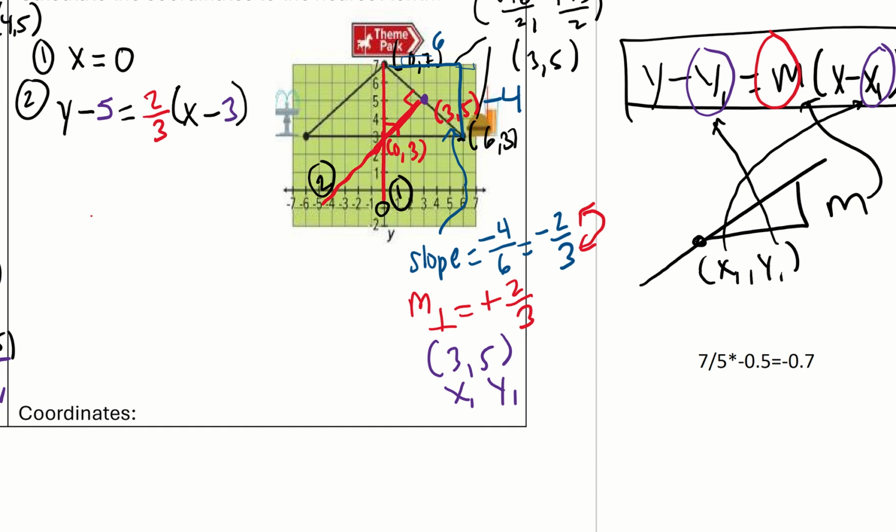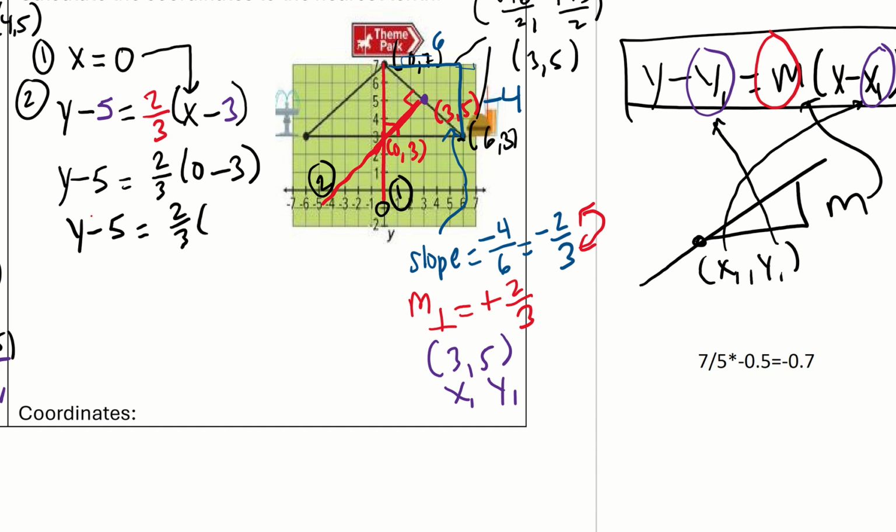All right, and then we're just going to do the math. So we're going to plug in 0 into here so that we can figure out where it crosses, okay? So we get y minus 5 equals 2/3 times negative 3. Now, these cancel because there's a 3 on top, 3 on bottom. Actually, I'm not going to cancel them. You can cancel them, but let's just write it this way. So this is over an invisible 1.